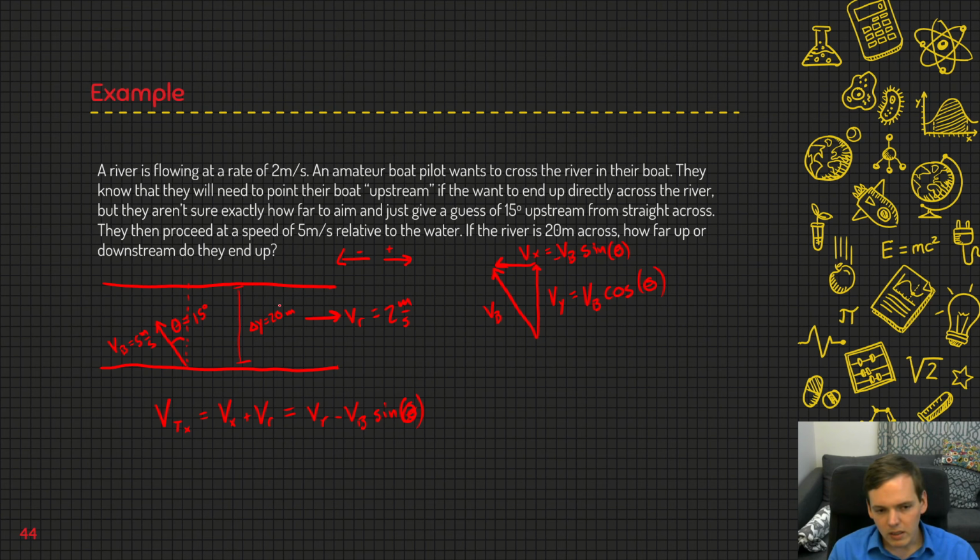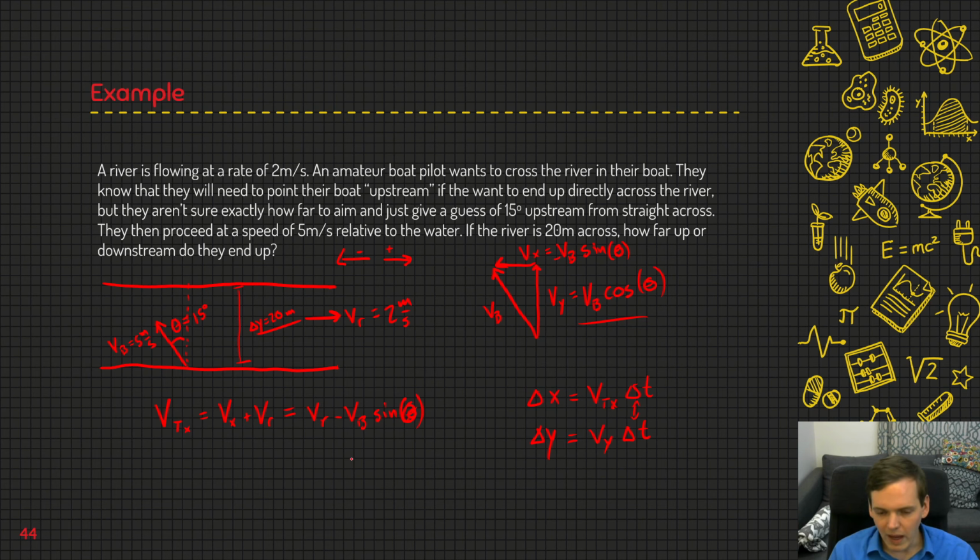If we look at the y distance and the y velocity, we can find out how long it takes to cross the river, and then we can just multiply it by this total distance. So our delta x is going to equal the velocity total in the x direction times delta t, and my delta y is going to equal the velocity in the y direction times delta t, and these delta t's are the same.